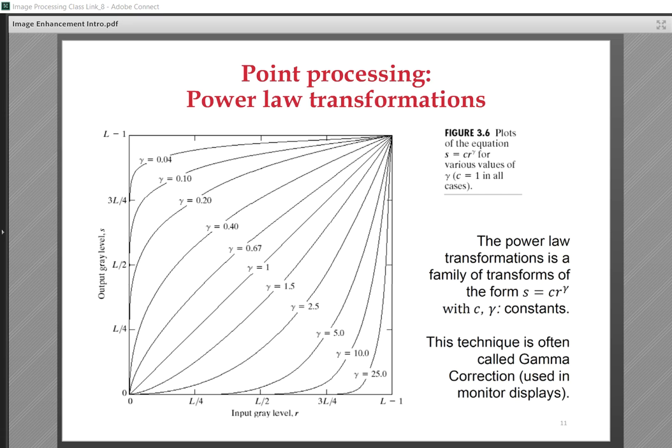This is the Fourier spectrum, but it is not visible and shows little information. But this item, B, is the result of applying the log transformation given in this equation. This is much better than this one. This is the log transformation.